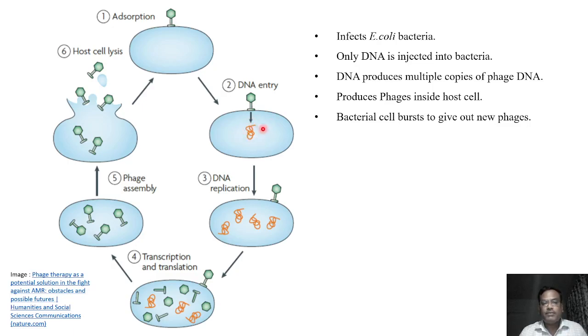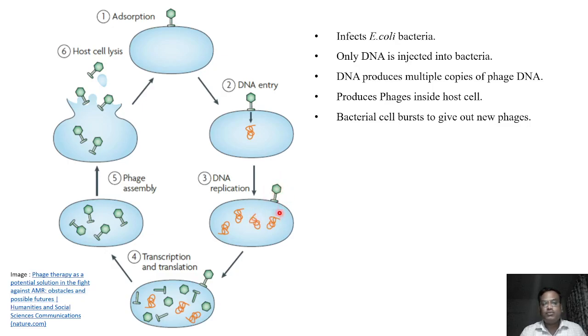And you remember this bacteria is having its own DNA, but once the DNA of the phage enters into the bacteria, the phage DNA has the genes for the synthesis of head, tail fibers, etc., the particles.